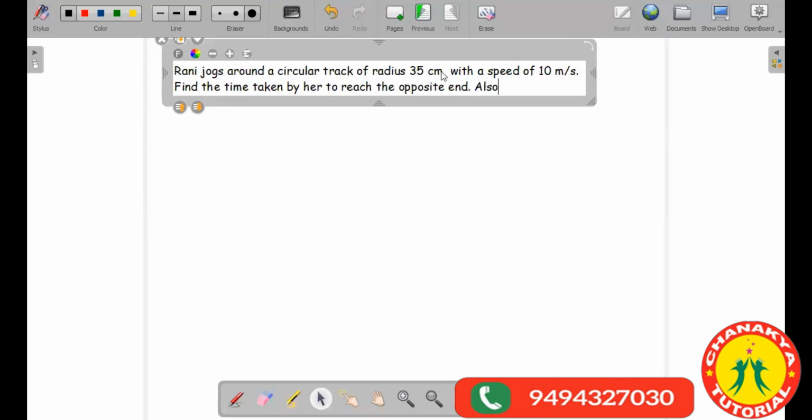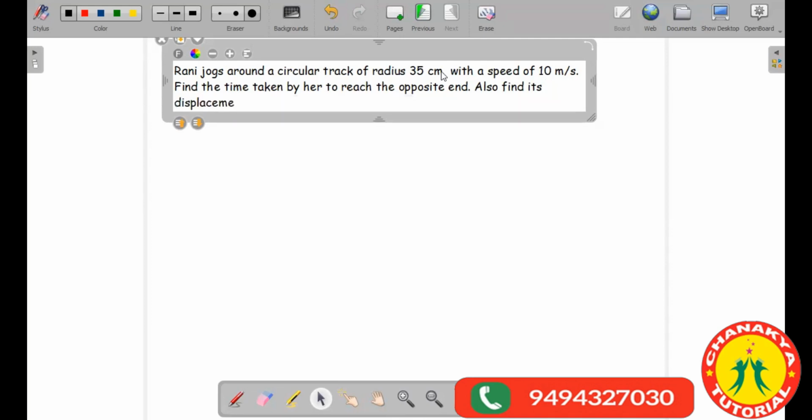Also find its displacement. Sir, is the radius 35 centimeter or 35 meter? 35 meter. I'm correcting, it is 35 meter. Radius is 35 meter.